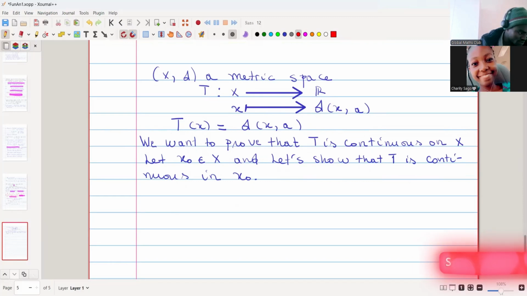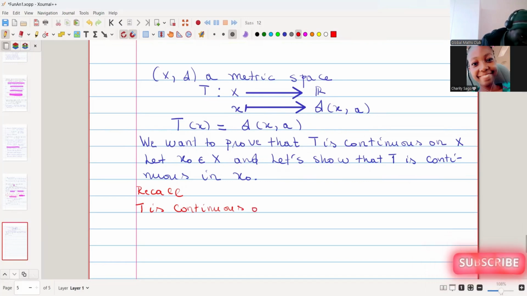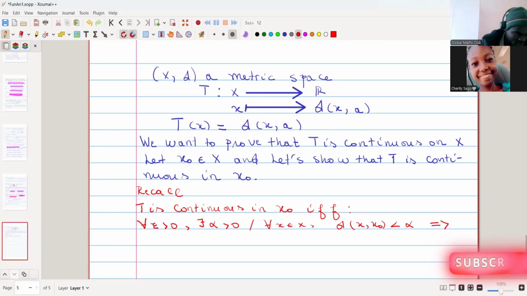So we can recall: T is continuous at x naught if and only if for all epsilon you can find alpha positive such that for all x in X, the distance between x and x naught is less than alpha implies that the distance between T(x) and T(x naught) is less than epsilon.